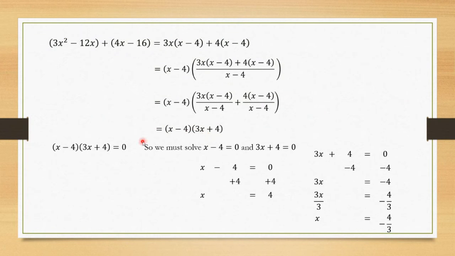Because now we set this product equal to 0. And basically that means we set each factor equal to 0 and solve. From the first one, we get x equals 4. You just add 4 to each side. Here, same idea. You subtract 4, but then you divide by 3, and you get x is negative 4 thirds.